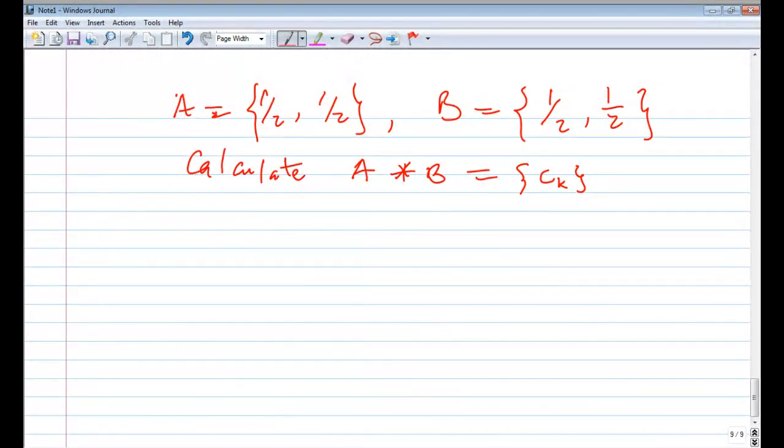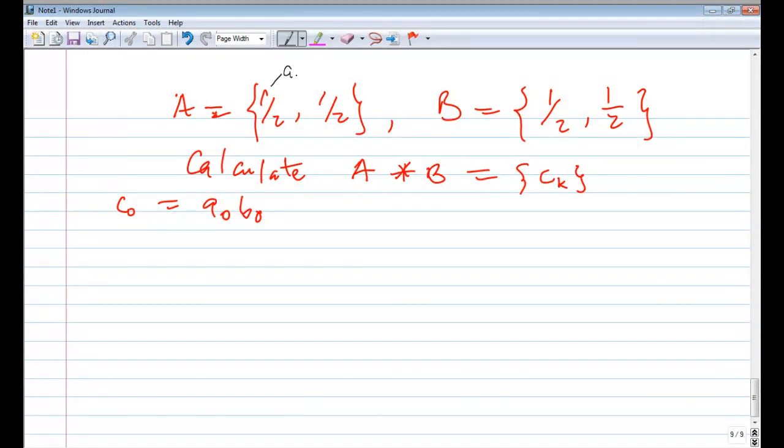Okay. So now, where do we start? Let's start from C0. You have to calculate C0, C1, C2, up to Cn. C0, if you recall, is A0 B0. So in this case, what is your A0 and B0?